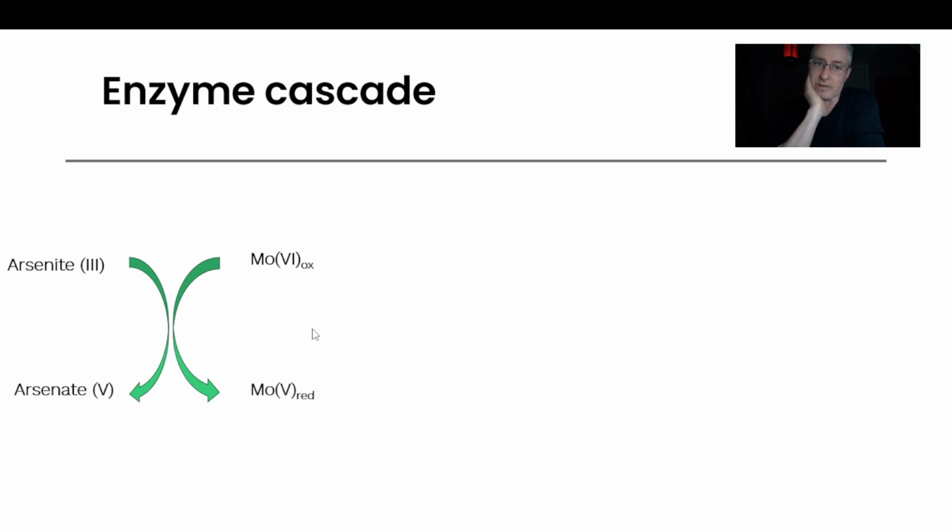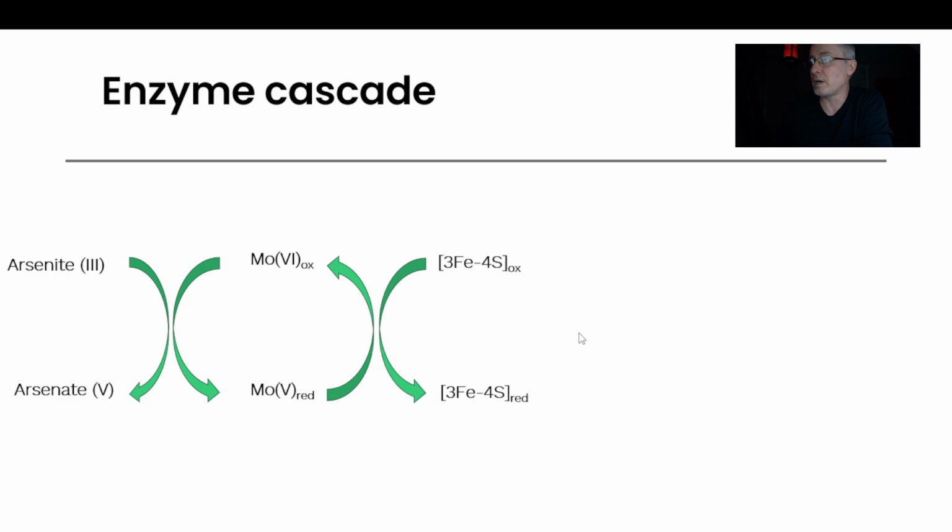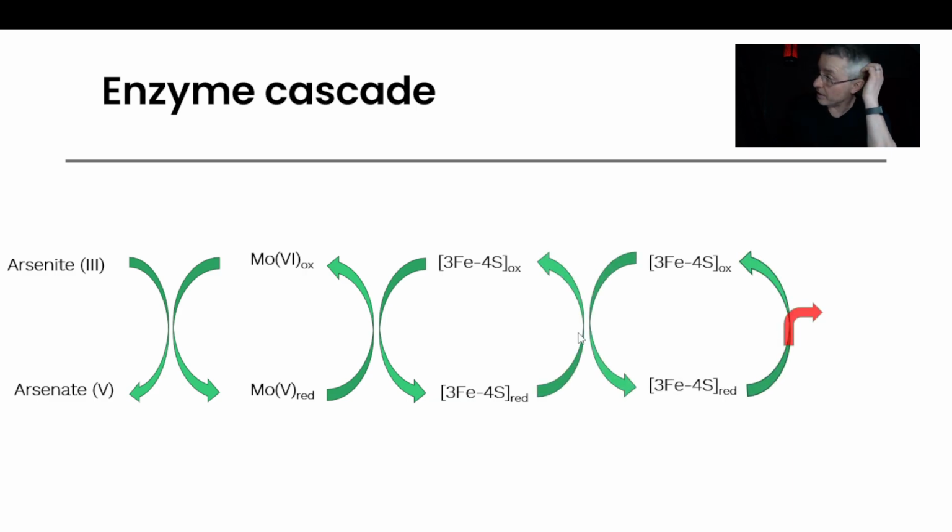This is basically an enzyme cascade where electrons are going from the arsenite. So arsenite is becoming not +3, but +5, and it's the molybdenum that's getting reduced. And then the molybdenum, there are probably iron sulfur clusters in the enzyme as well, which help to shuttle the electrons down to the electrode. This is just a typo, but in the paper they have this arrow going in the different direction.